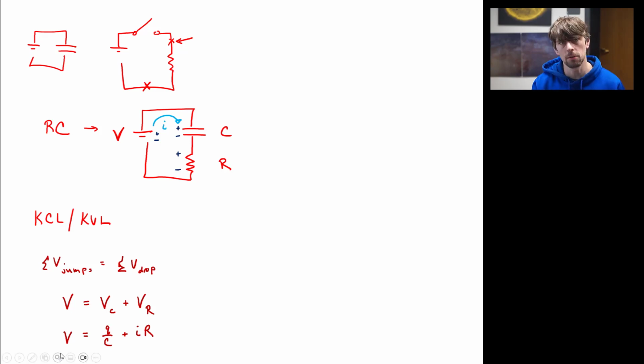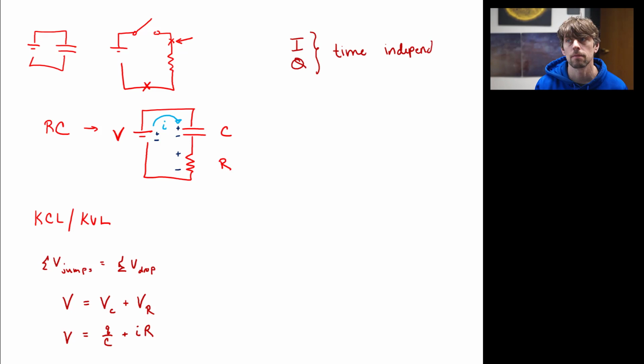Now you might say, as a brief byline, why did you use lowercase q and lowercase i? The issue is that the textbook that we'll use next term uses that sort of notational convention. Capital I and capital Q refer to quantities that are time independent.